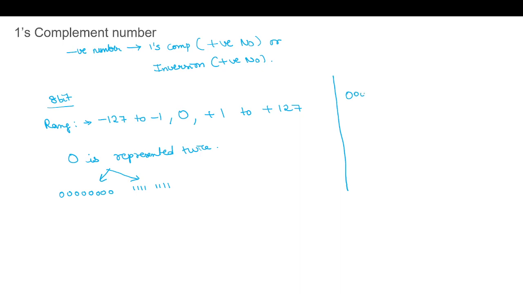So here, for example, plus 1 is represented like this, whereas minus 1 is represented as this. Plus 127 is represented like this, minus 127 is represented in this way. So here we have two representations for the number 0.